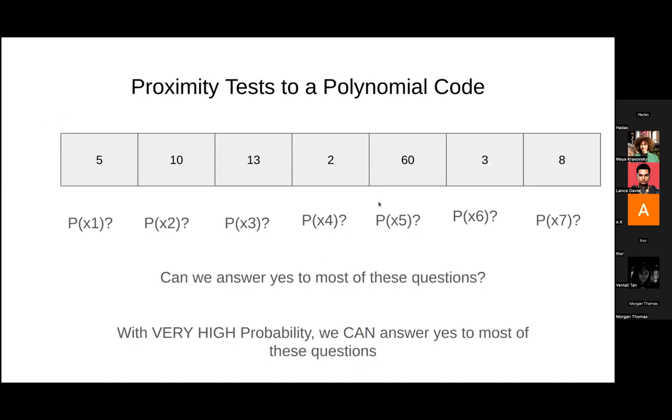And then we have the notion of testing proximity to a code. As I was saying, because we have this notion of distance, we can have a notion of testing proximity. Maybe one physical analogy is, imagine that you're on a playground and you have a bunch of basketballs that are all at specific positions.